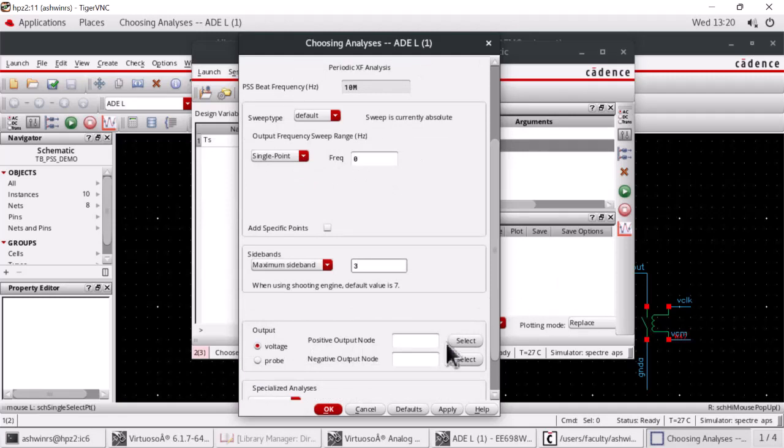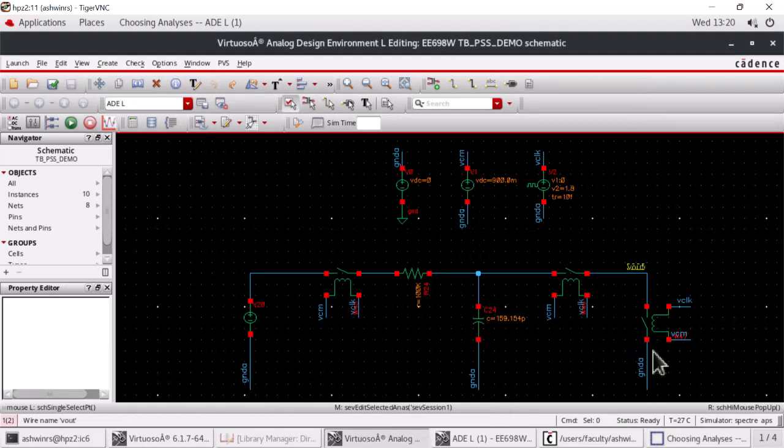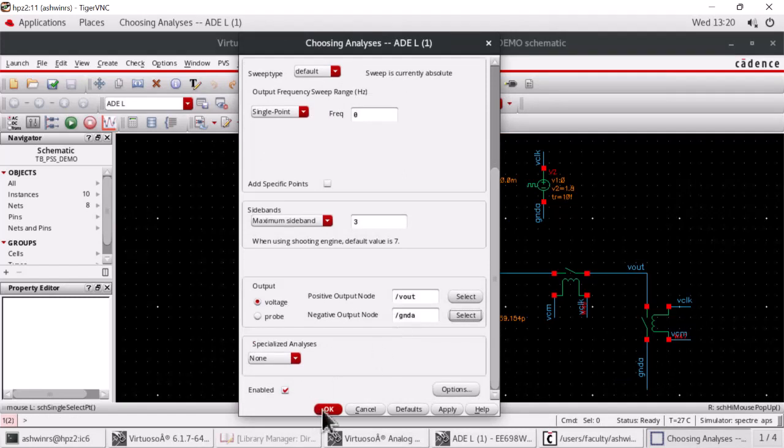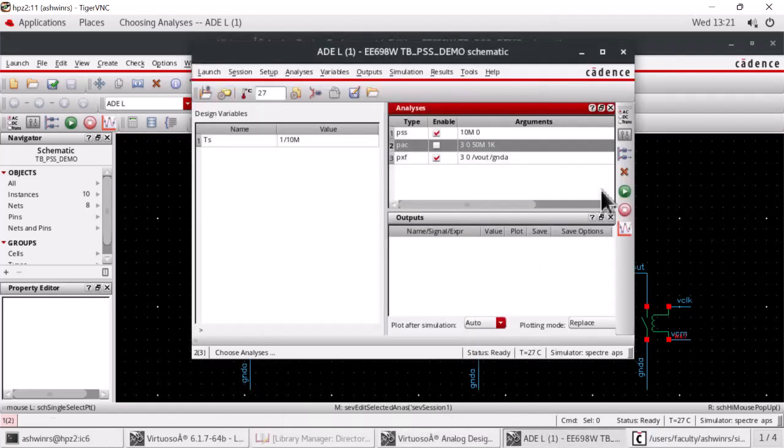So I'll set the output voltage. These are the nodes I am interested in, and that's all. So now it will tell, at this output node between Vout and ground, the output at DC, what frequencies at the input are contributing to this tone at DC at this node, right? So let's run it. It's done.